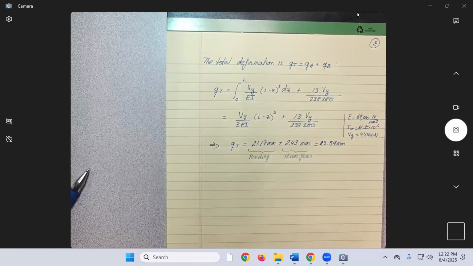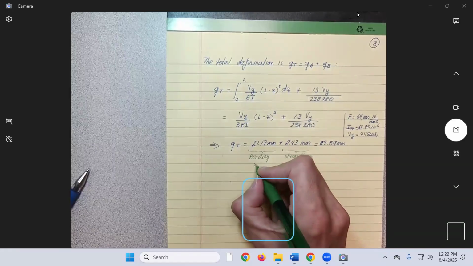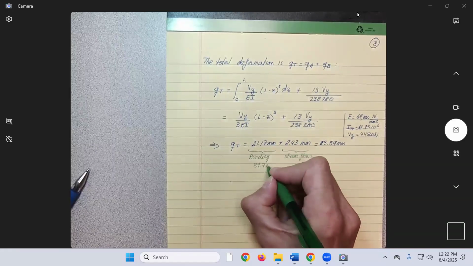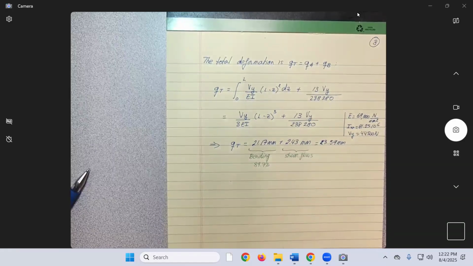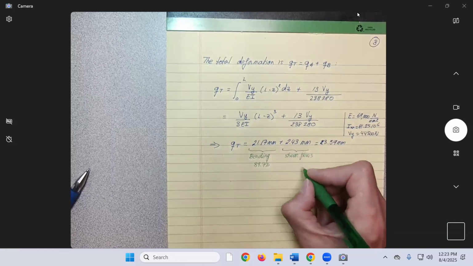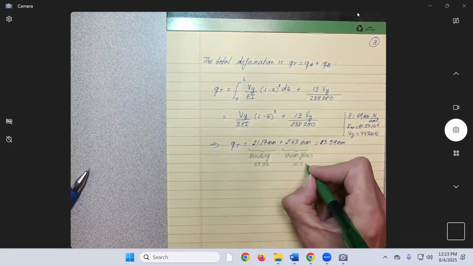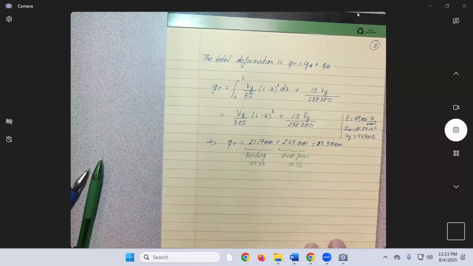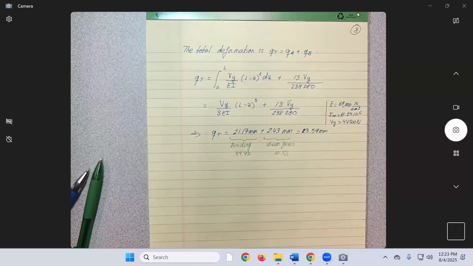If you calculate the percentage, the 21.17 represents about 89.7% of the total deformation. And then the shear flows will be about 10.3% of the total deformation.